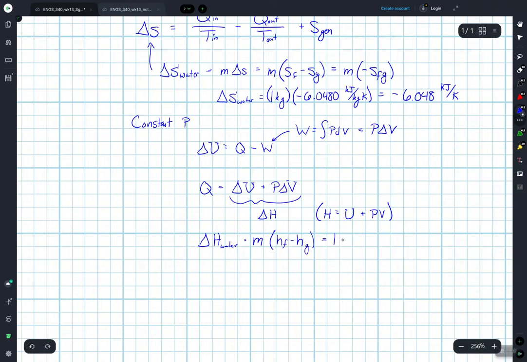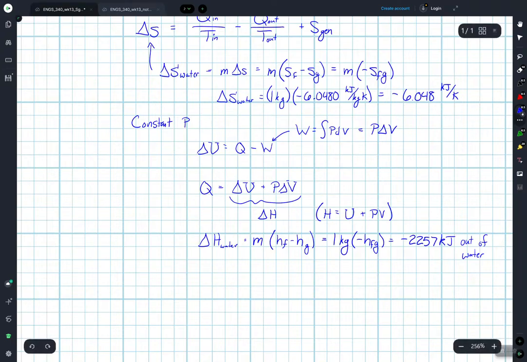So that equals 1 kilogram times minus HFG. So that equals negative 2257 kilojoules out of the water.